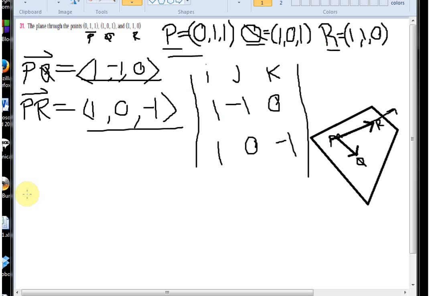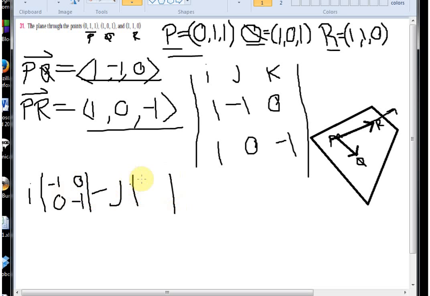So this will turn out to be I with -1, 0, 0, and -1 here, minus J, which will be 1, 0, 1, and -1, plus the k component, which is 1, -1, 1, and 0.